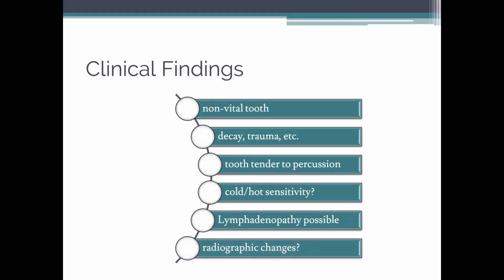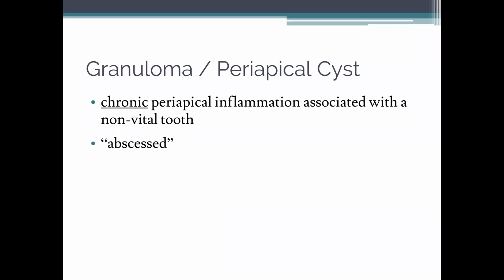Radiographic changes, you may not see any. Chronic scenarios are when you see radiographic changes. Acute, you may not see it. Now, you can have a chronic scenario flare up, and then you have acute. This is a chronic scenario.